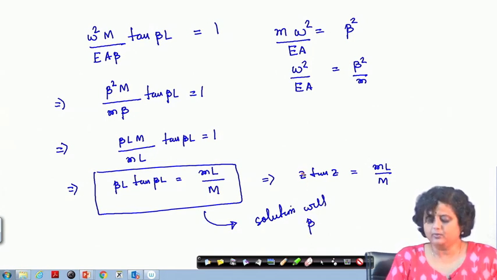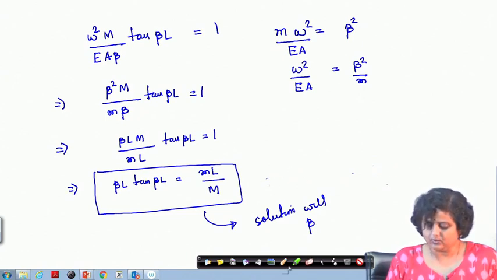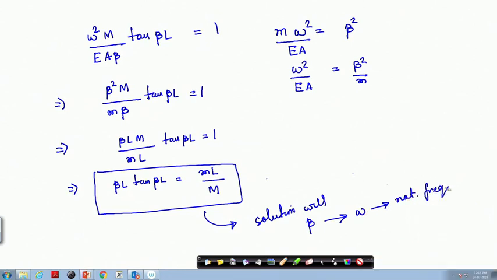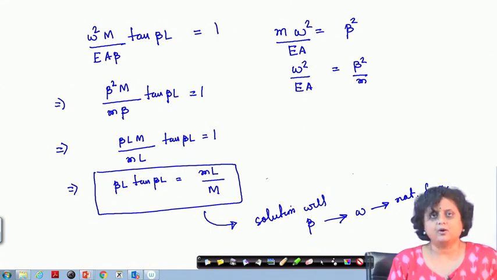Now, once we know beta, we can find out omega, and therefore, find out natural frequencies of the system. So, once we find out the natural frequencies, the mode shapes can also be found out in a similar fashion. So, this is a very good example to see how, in a general form, we find out the natural frequency of a bar under a slightly difficult boundary condition.